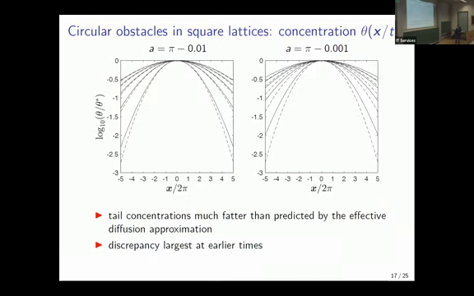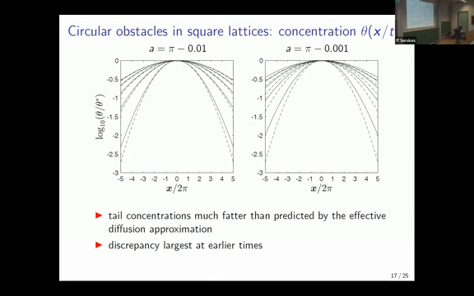And the discrepancy between the two approximations is also shown here. This is the normalized concentration obtained at consecutive times for radius of obstacles nearly touching, and even more so for the even more dense setup. The maximum value, when they touch, is A equal to pi.